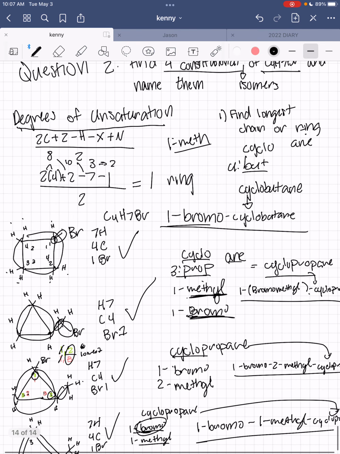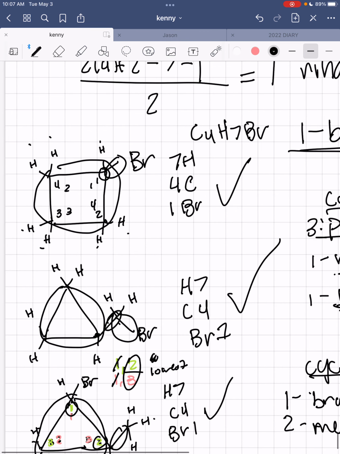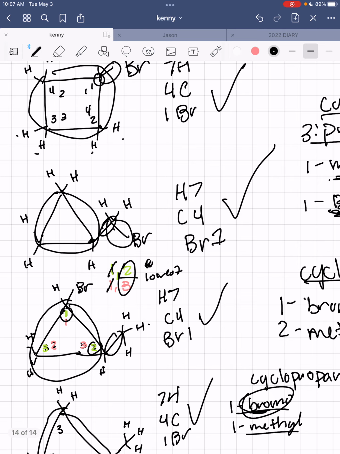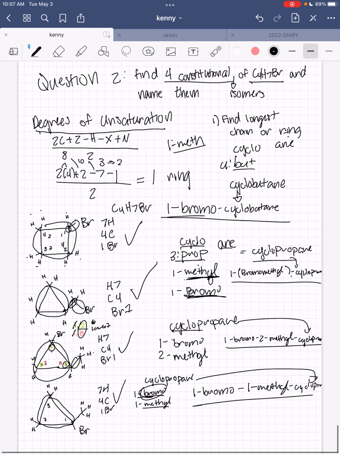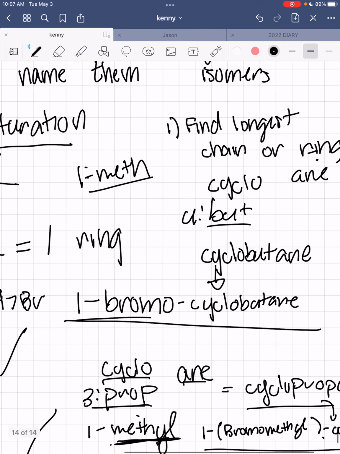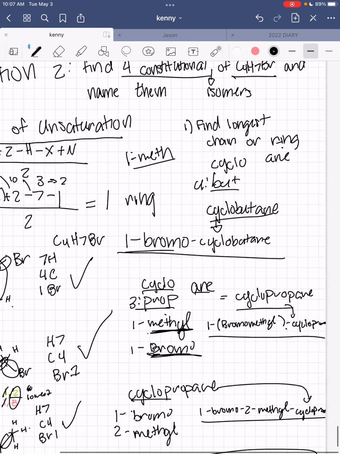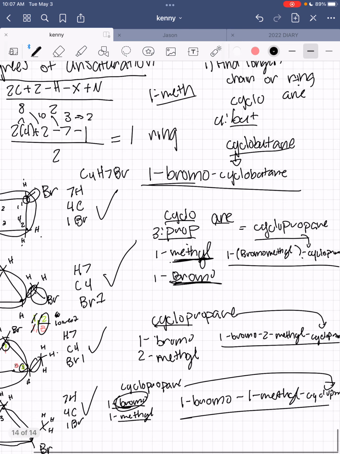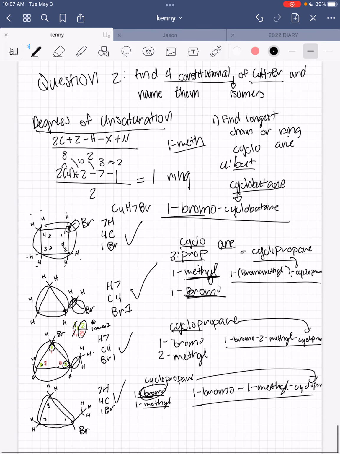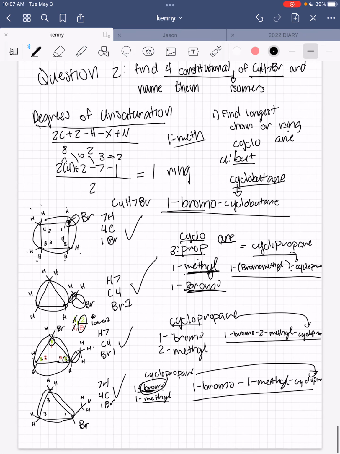There's only 4 carbons, so we know that there's a square version. And make sure you just check. Once you get good enough you don't have to check, but I just like to check so I know. And then you first start with finding the longest chain or ring and write down the parent name, and you start naming the substituents and just add the parent name at the end. So that's about it.